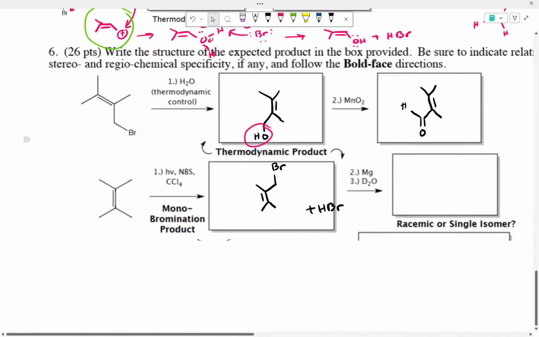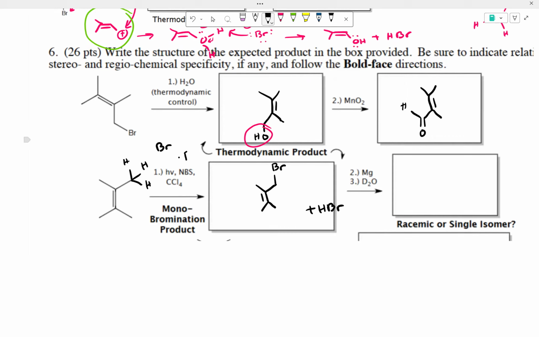That's the mechanism. You can imagine that there's an H here. We have Br, one Br deprotonates the molecule, and then another Br adds into the molecule.